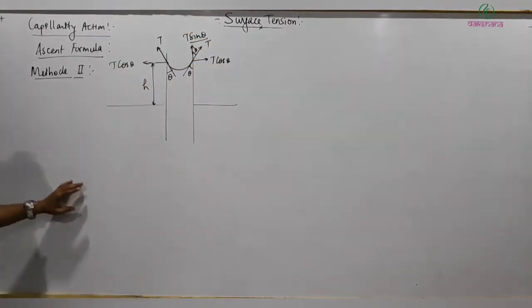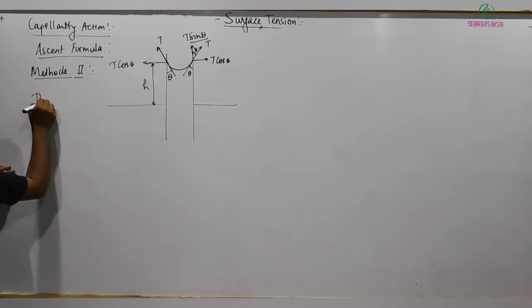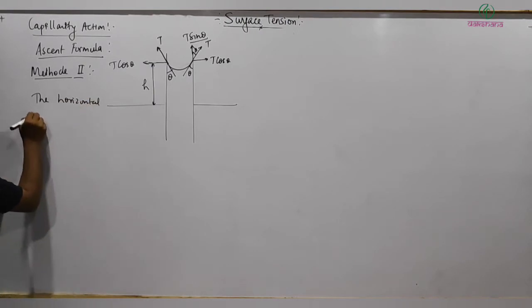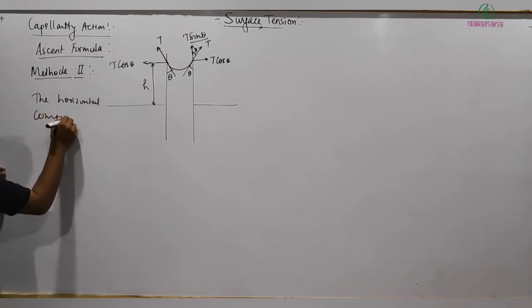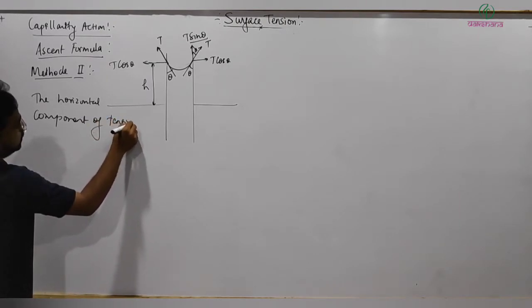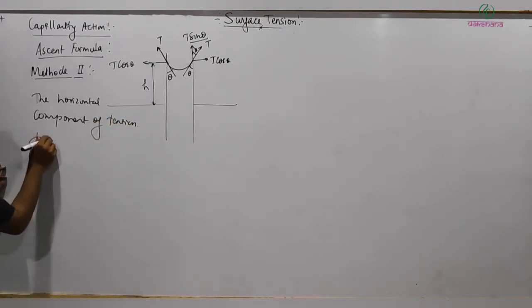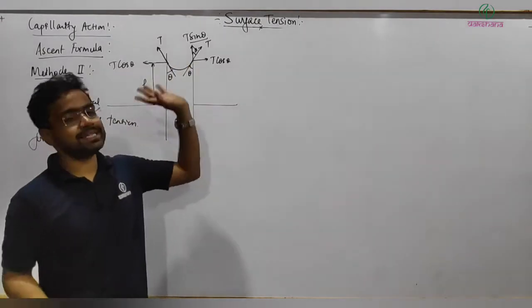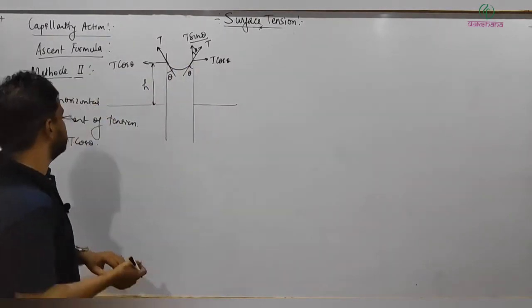So you can see the horizontal component of the tension force, that is T cos theta, will exactly cancel out for each point.